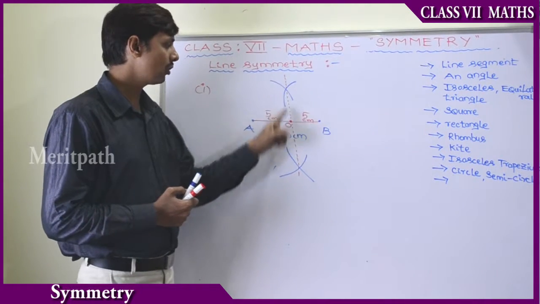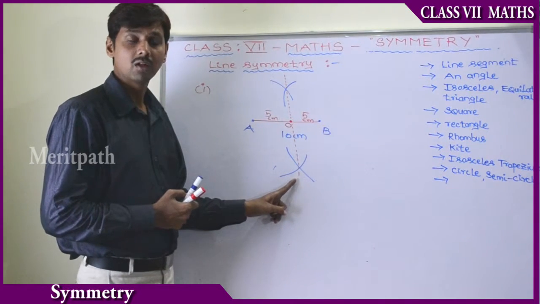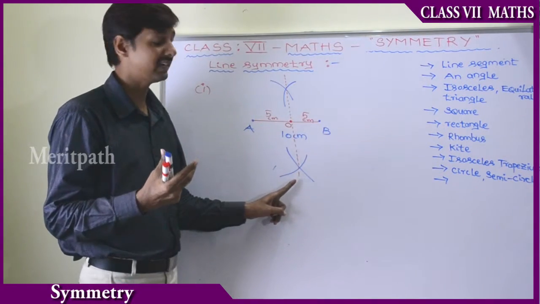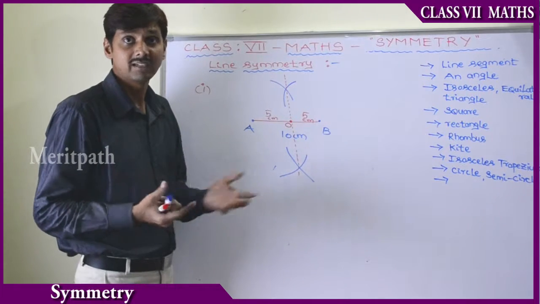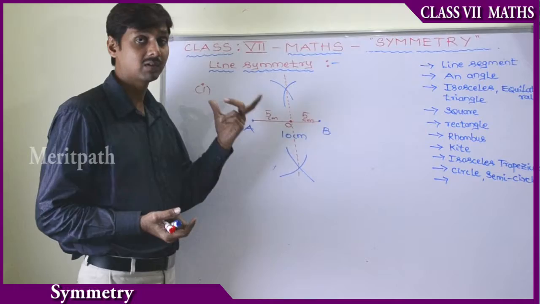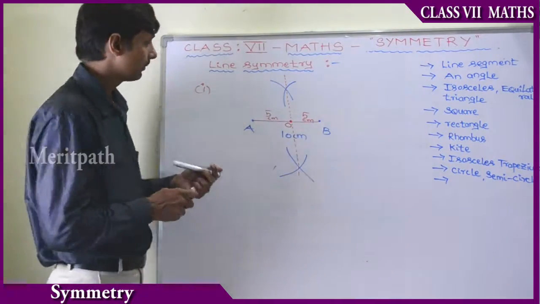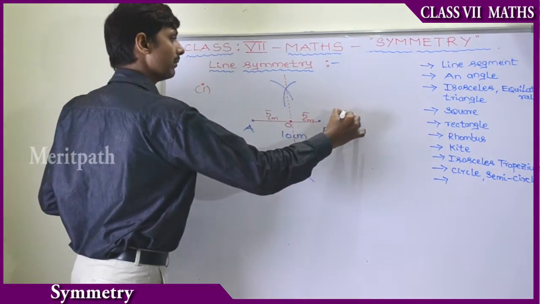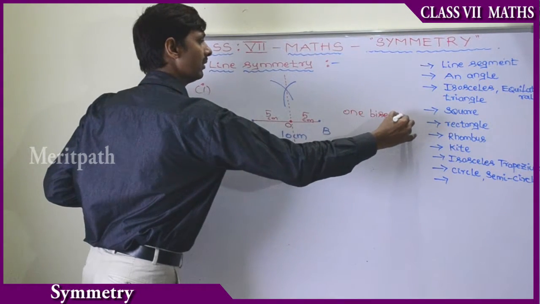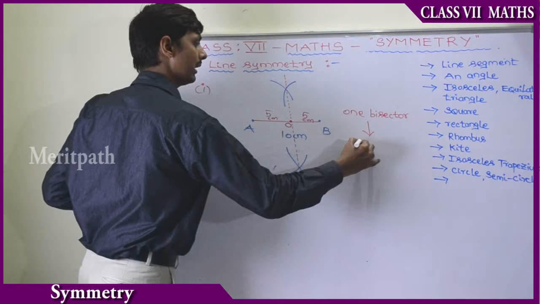So it has only one line of symmetry. If we try to draw the perpendicular bisector, there is no other line we can draw as a perpendicular bisector for this line segment.